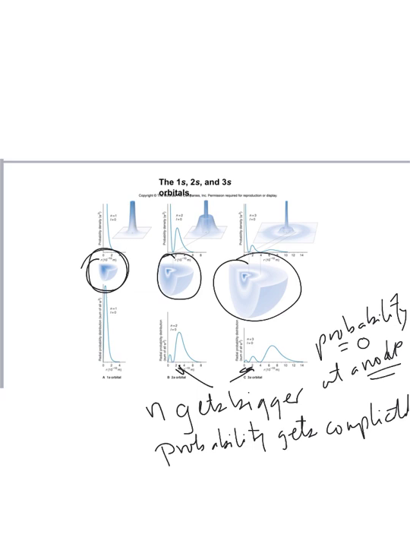So there are 0 nodes in the 1s, 1 node in the 2s, see where it touches 0, and then 2 nodes here. So we're looking at the places where the wave function touches the bottom, where it's a 0. That means that the electron has no chance of being at that location.